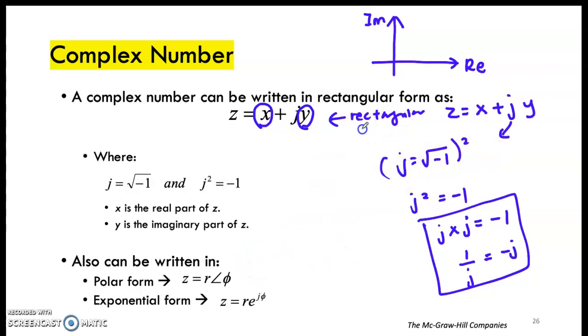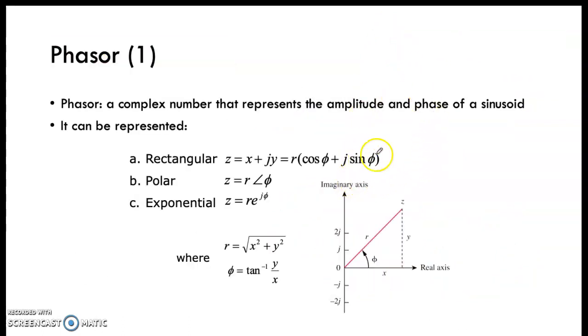So one is the rectangular form, and another is the polar form. Again, z in rectangular form is x plus jy. In polar form it is r, with the angle phi. How do you relate r and phi? Let's see the next video slide.